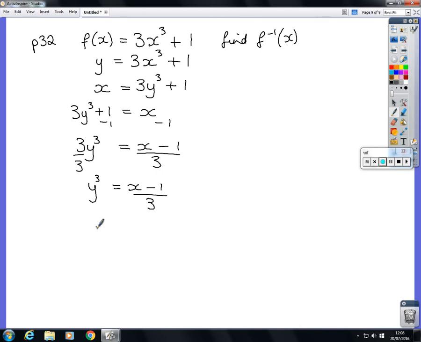For y cubed, we need to take the cube root to get back to y. Cube root of x subtract 1 all divided by 3. Final step is to replace the y with f inverse x equals the cube root of x subtract 1 over 3.